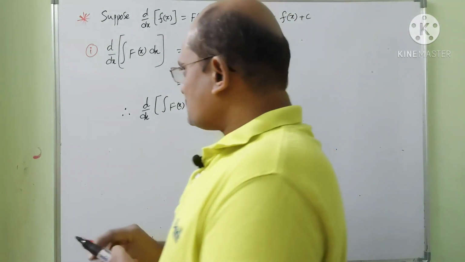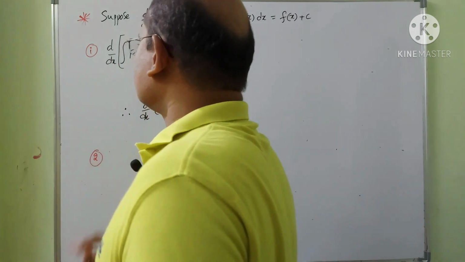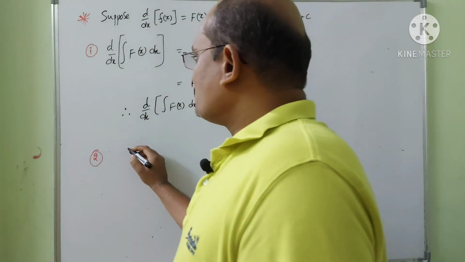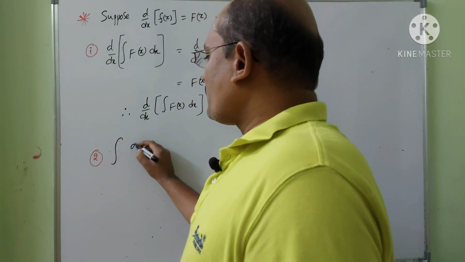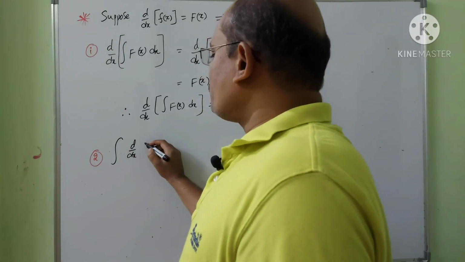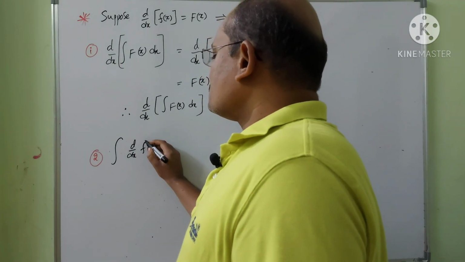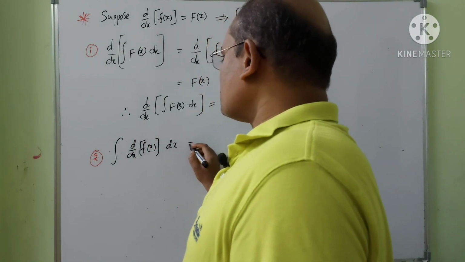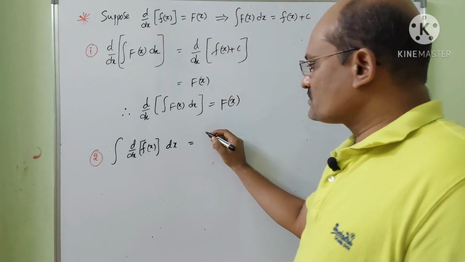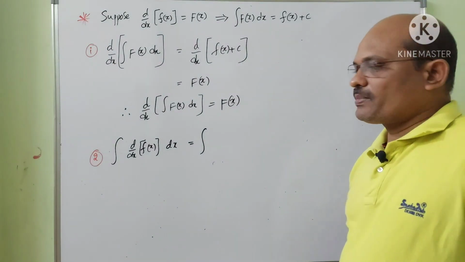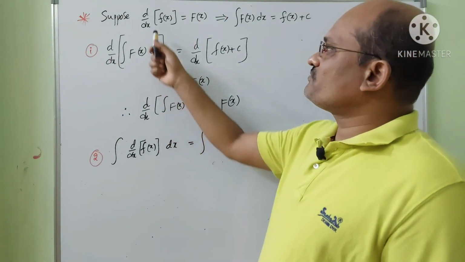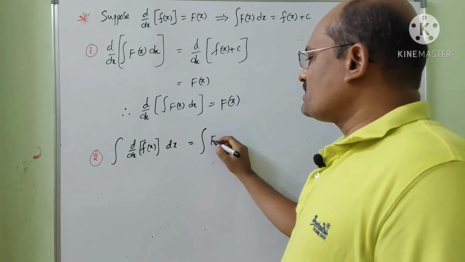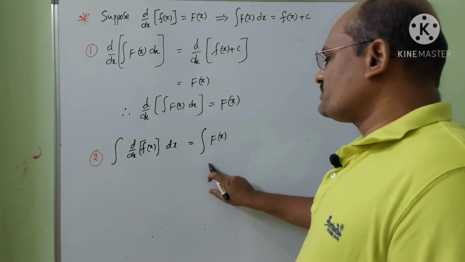Let us discuss the second result. The integral of d by dx of small f of x dx is what? d by dx of small f of x is capital F of x by the definition.